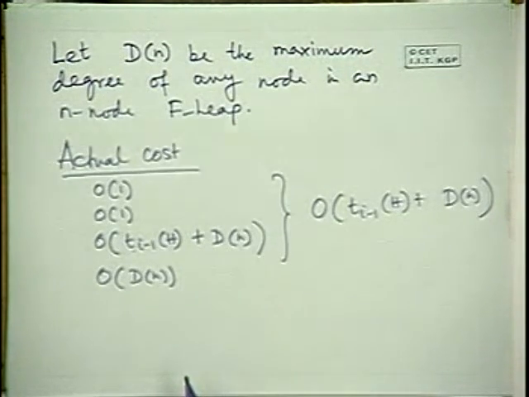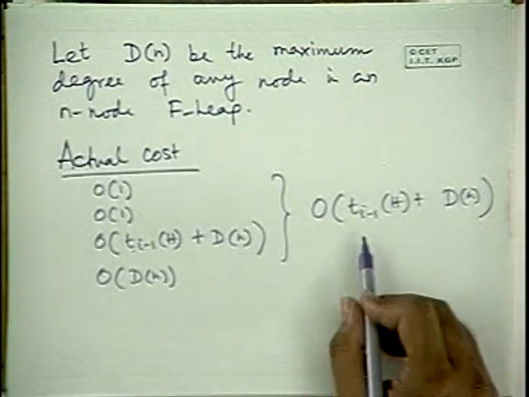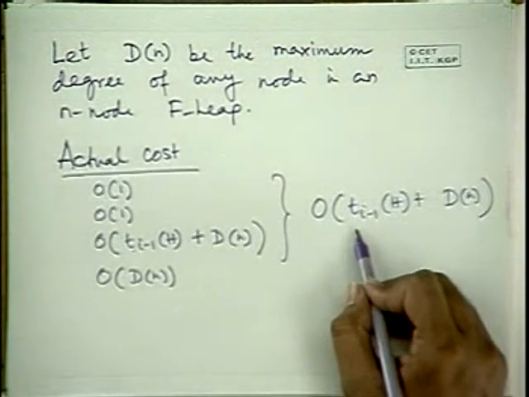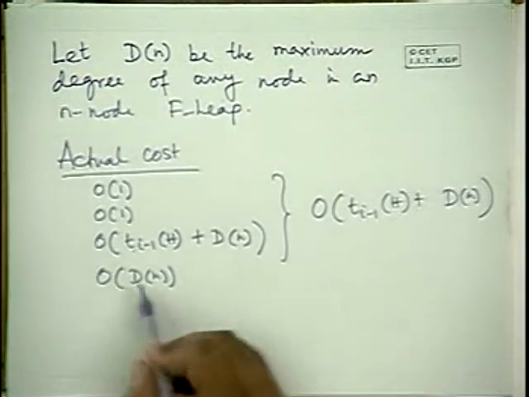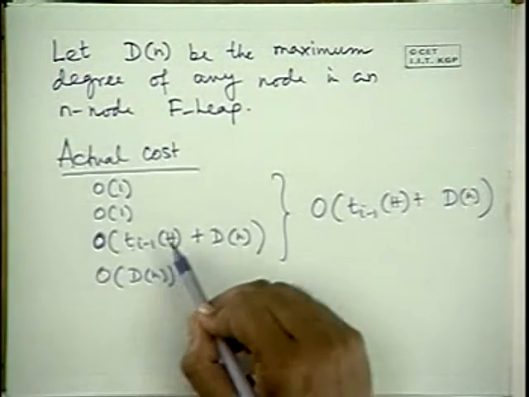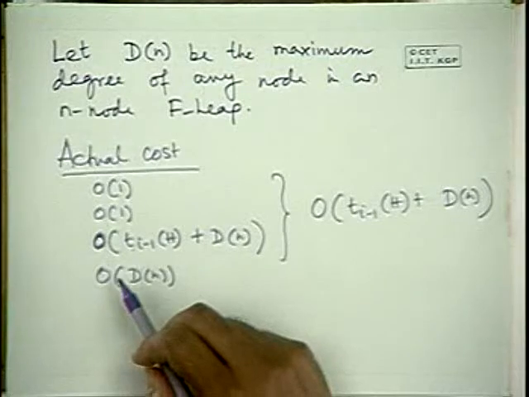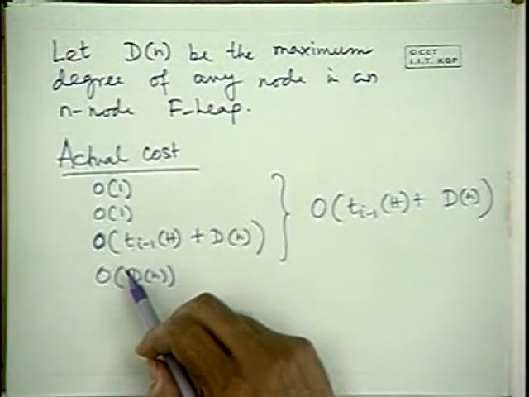Please explain that again. Ti minus 1 of h plus dn, the third step. If you go back, it is guided by the total number of roots present in the cycle after you have merged the root cycle with the children cycle of that node. Go to step 2: you merge the root cycle with the cycle of children of this node.